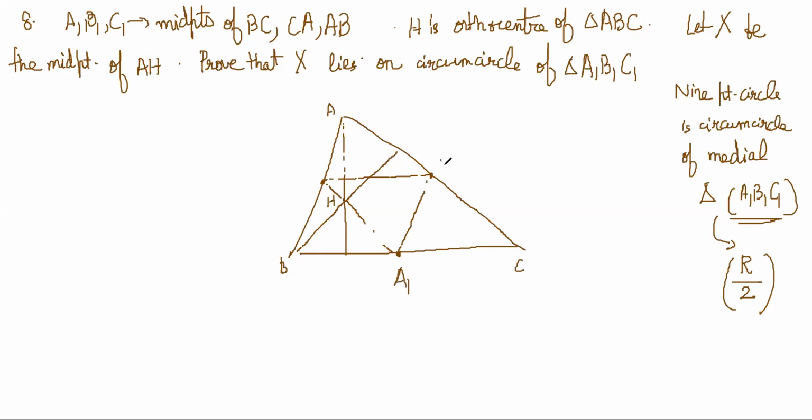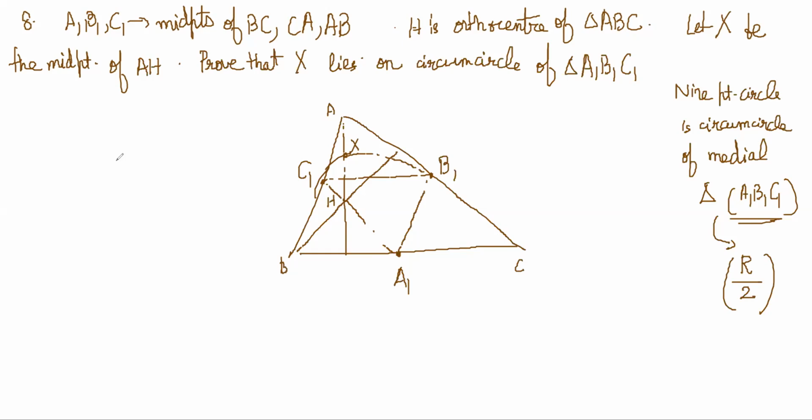A1, B1, C1. I want to prove that its circumcircle passes through the midpoints of AH, BH, CH. I will not draw the circumcircle because it is ruining everything. So assume that the circumcircle should pass through some point which is a midpoint. This is X. We have to prove that.